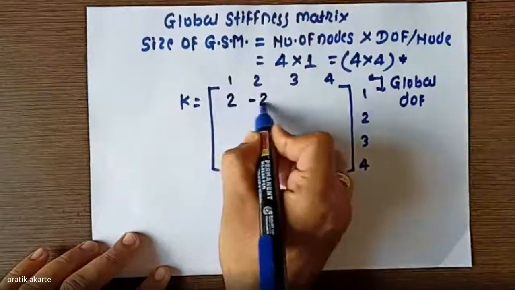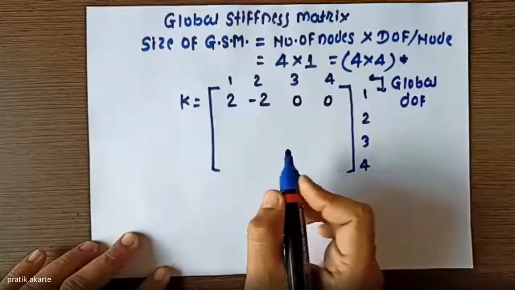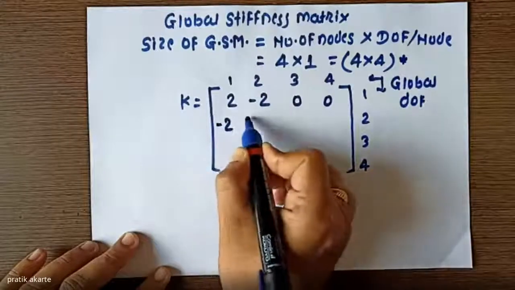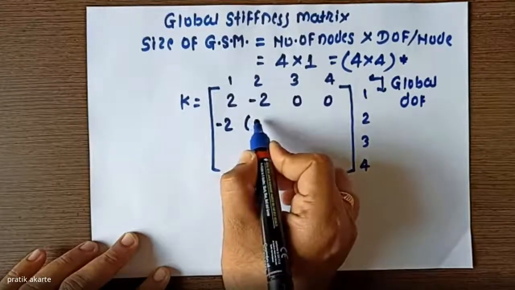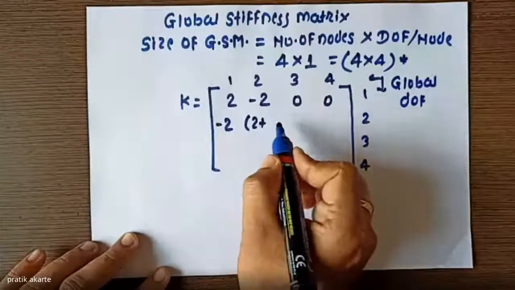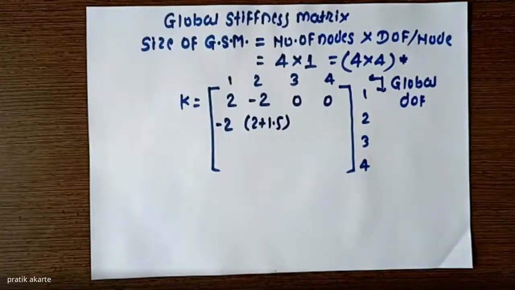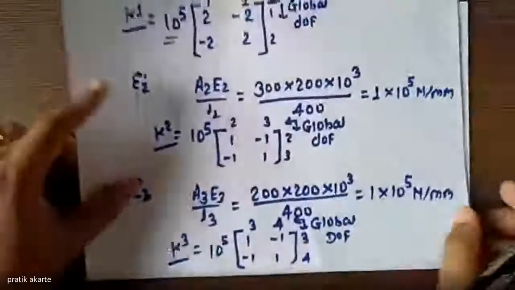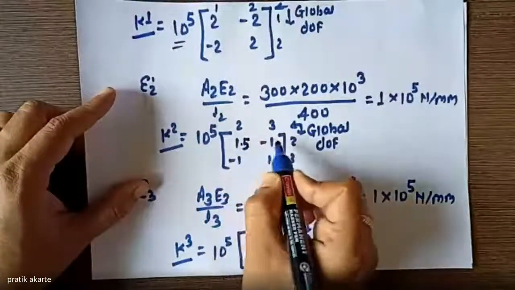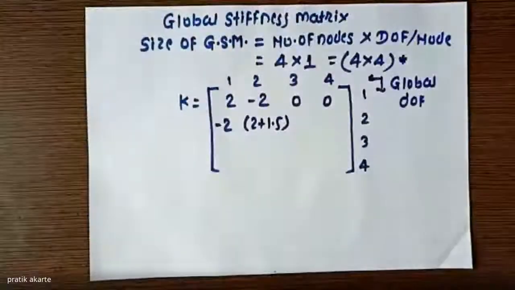I will write directly the global stiffness matrix as 2 minus 2 0 0 minus 2, 2 plus 1.5. So I made a mistake in writing the matrix 2. So it should be 1.5, 1.5, 1.5 and 1.5. K2, I made a mistake.